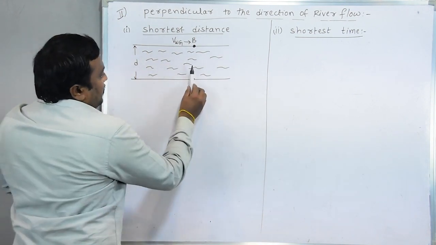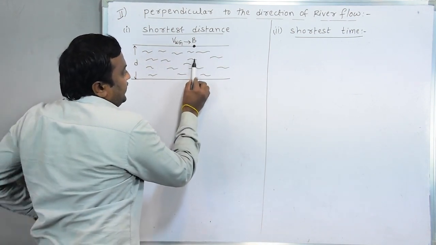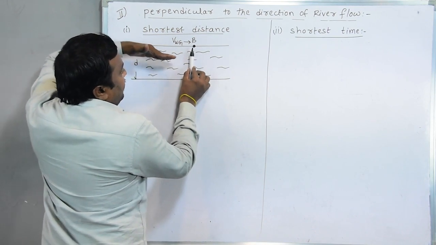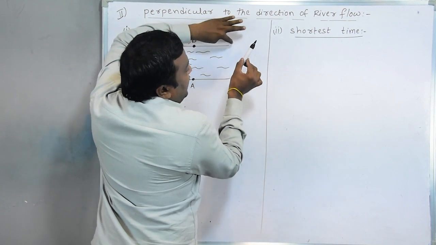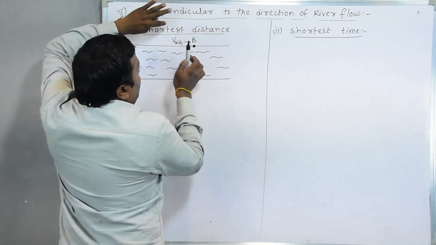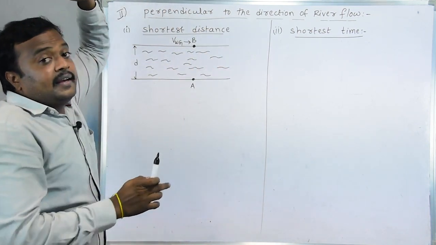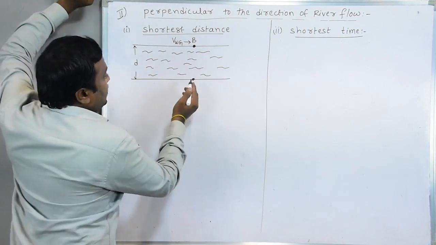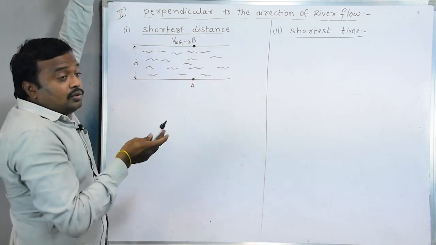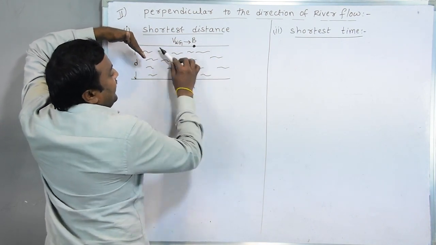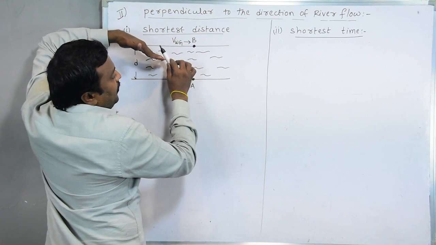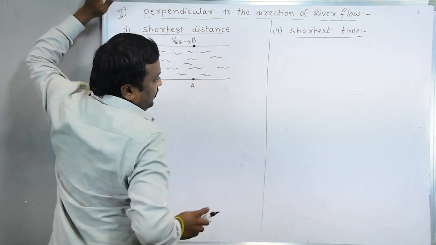Our concept is to reach the exact opposite point. So what should we do? Initially, the boat must travel at some angle like this. Due to the effect of water, it will reach the opposite point.